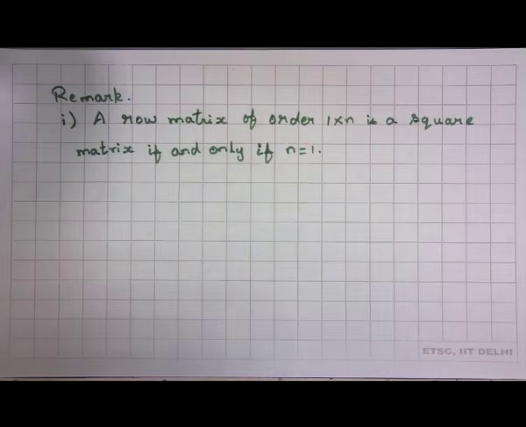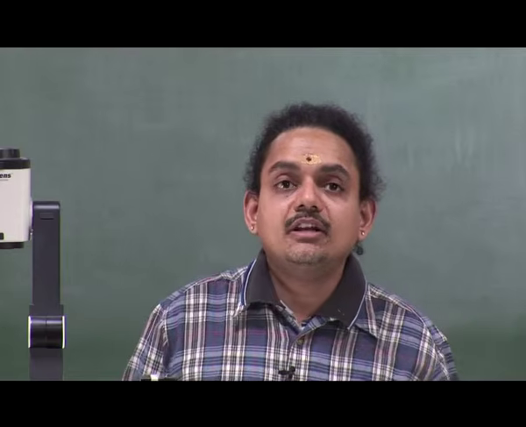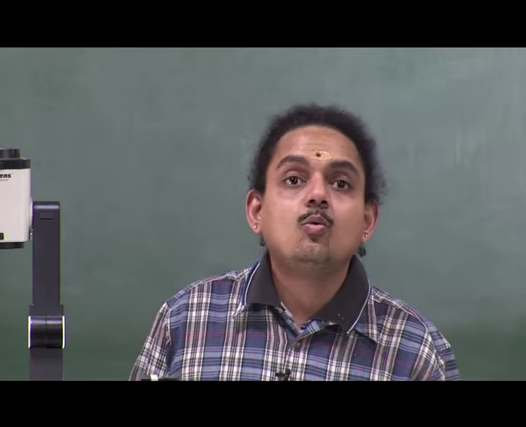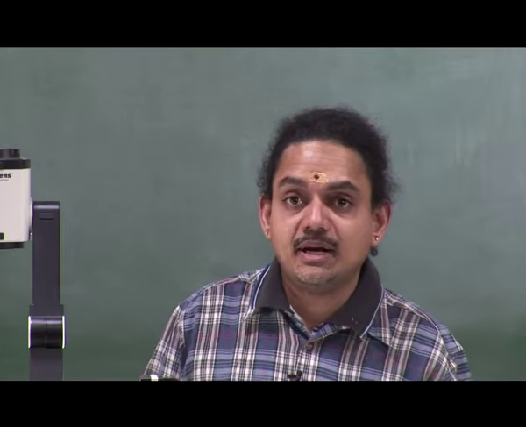If you have a row matrix of order 1 by n, when can it become a square matrix? This is possible only if n is 1. So, if n is 1, then it is a square matrix.